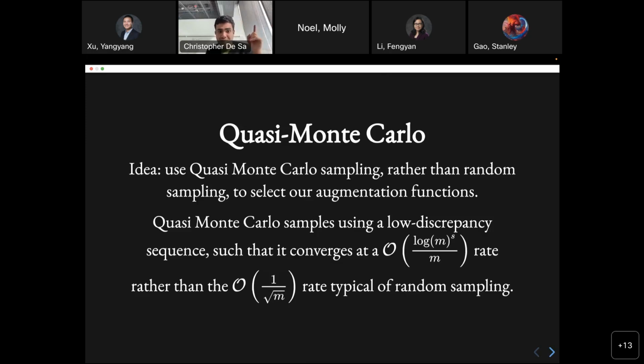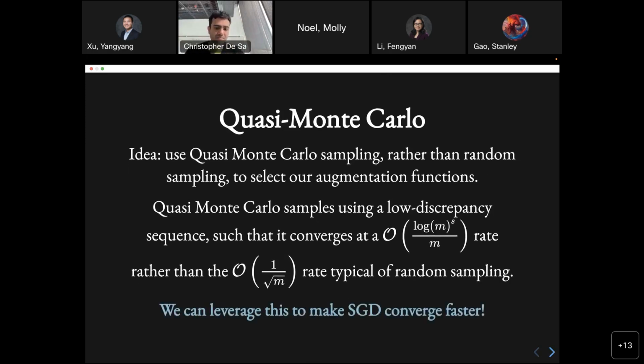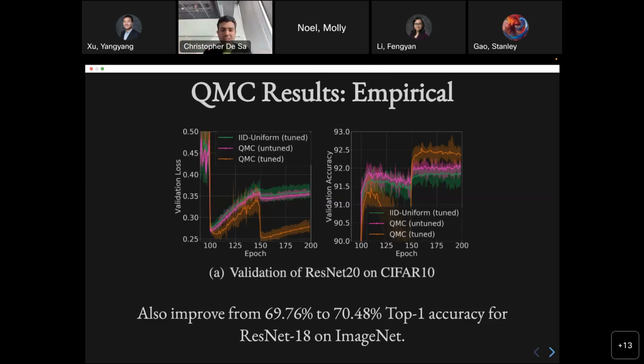So it's actually one dimension, and s would be 1 here. If I'm doing a crop, it is described by 4 points, so s would be 4. And so for typical data augmentation values, s is a single digit integer, and so this is actually tractable. And we can run this and make SGD converge faster.